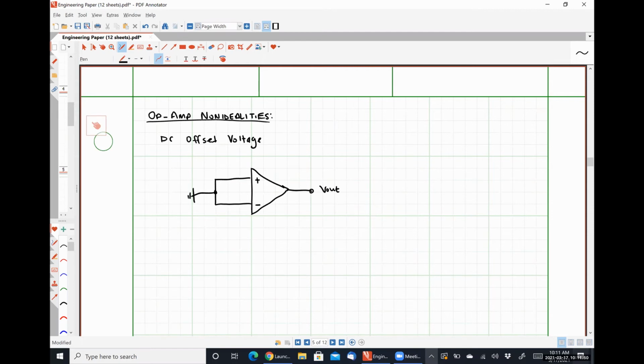Or in a MOSFET transistor, it could be due to the transistors are not literally exactly the same size, right? So if the W over L ratios are not precisely the same due to some manufacturing error, you'll wind up getting a small voltage seen at the output.